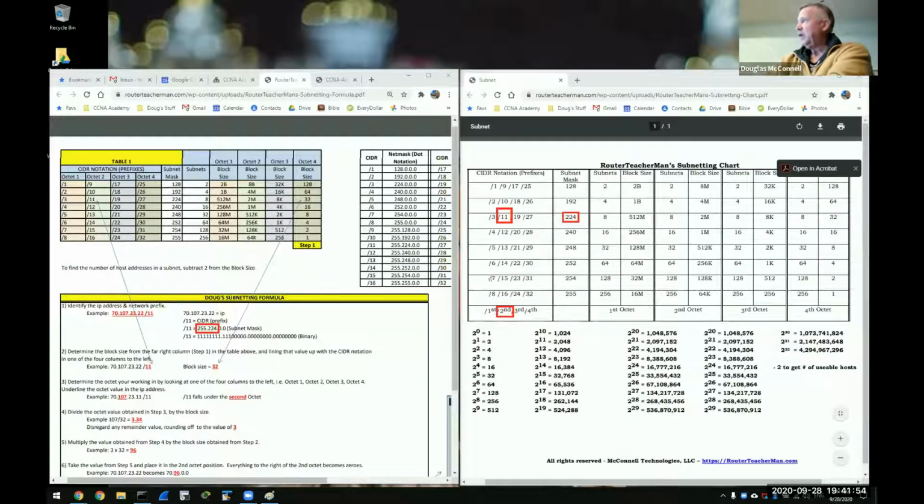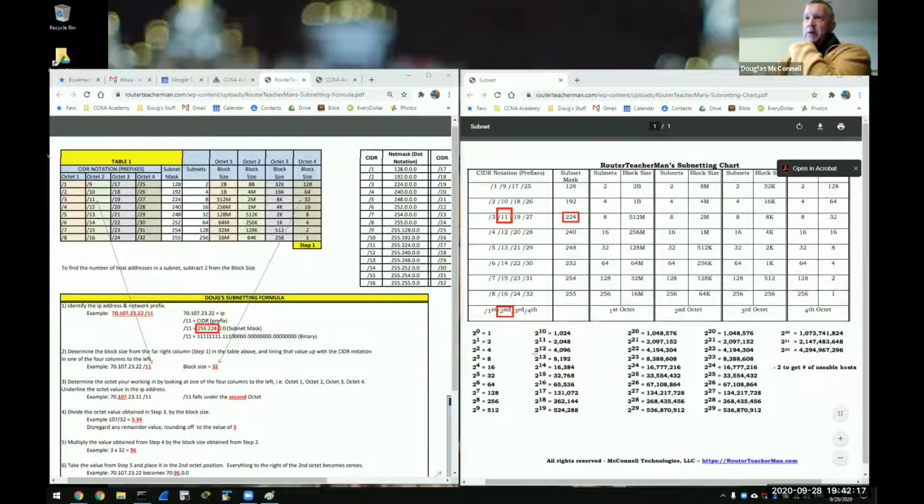And how many bits are on in the second octet? How many ones? We know the first octet is how many? 8. First octet would be 8, yeah.